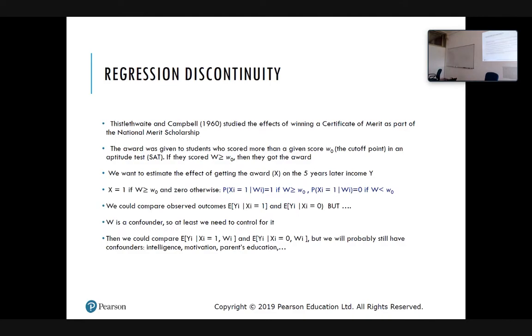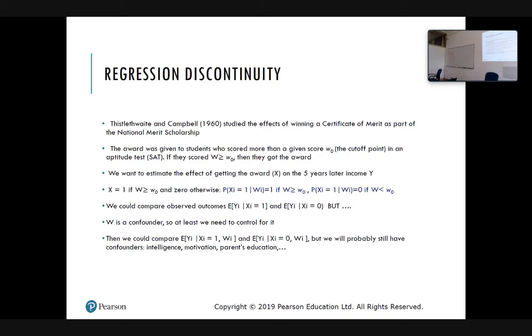Let's try to translate this example in terms of the variables that we have just seen. So the award is the treatment. The award was given to students who scored more than a given score, more than a given cutoff value. So the score is W.